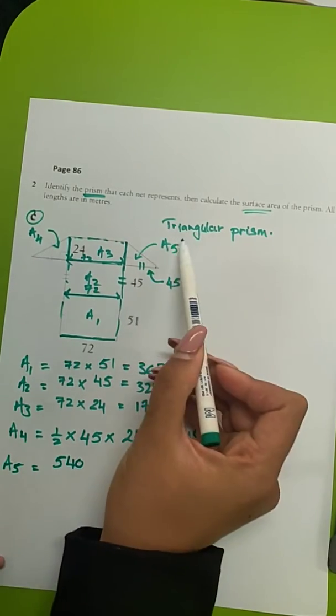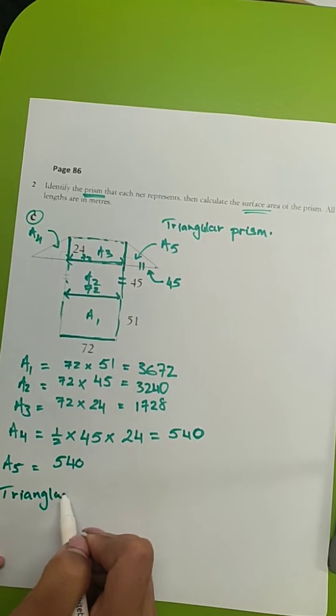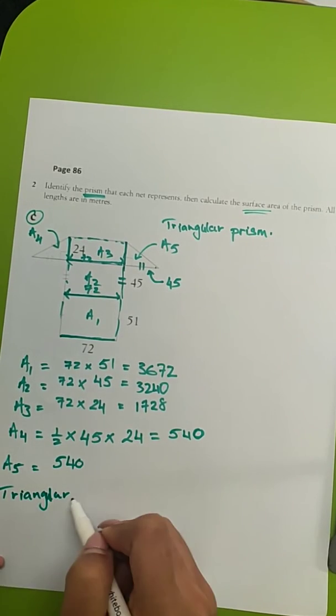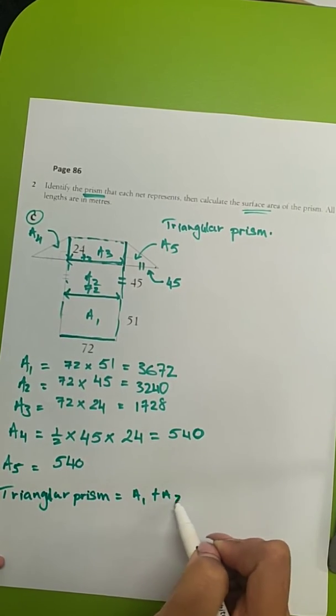Now, how do we calculate the total surface area of our triangular prism? We just have to add all the areas together.